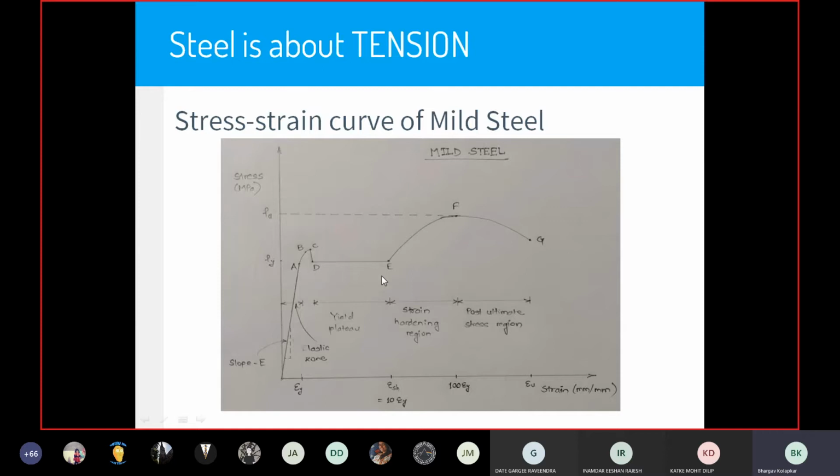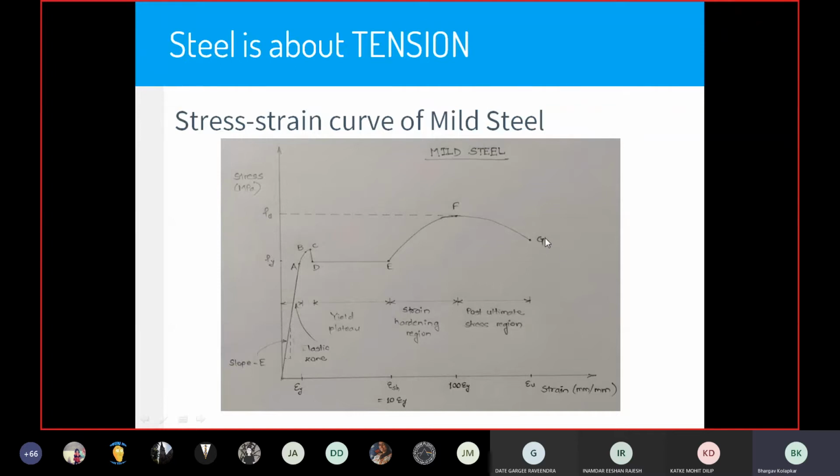The next point is point E, which is the start of the strain hardening region. It is when, after yielding, the material again starts to offer some resistance. The next is point F, which is the ultimate point, or the maximum stress that the material can take.